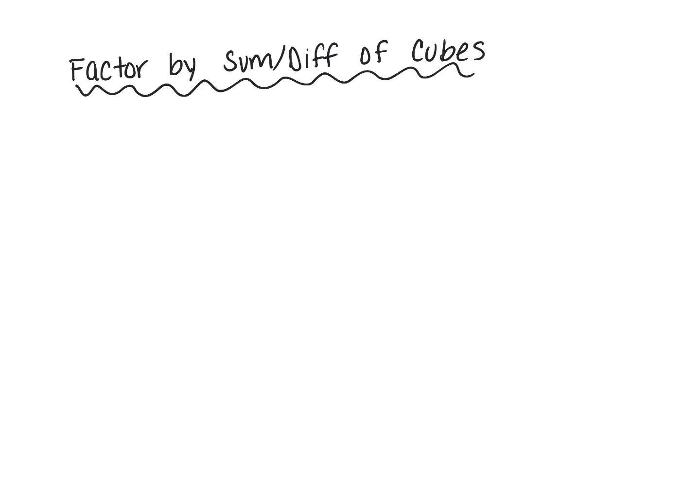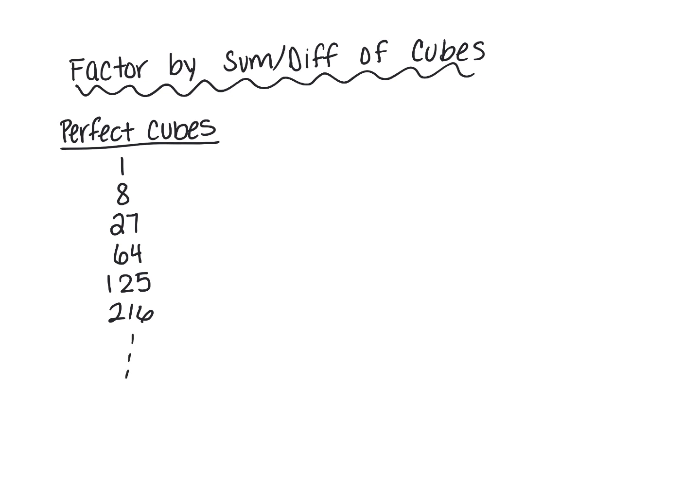So the first thing you need to know about sum and difference of cubes is, well, what are my perfect cubes? So let's make that list of perfect cubes that we've been making all throughout this first unit. So perfect cubes. So we know 1 times 1 times 1 is 1, 2 times 2 times 2 is 8, 3 times 3 times 3, 4 times 4 times 4, 5 times 5 times 5, 6 times 6 times 6, and so on and so on.